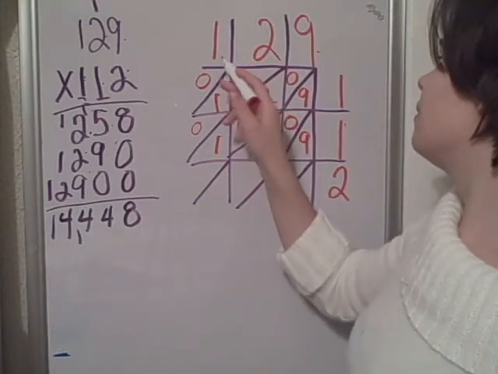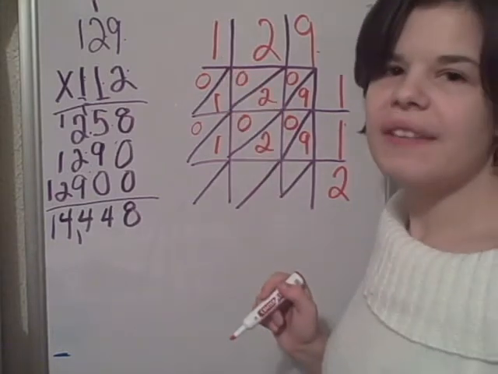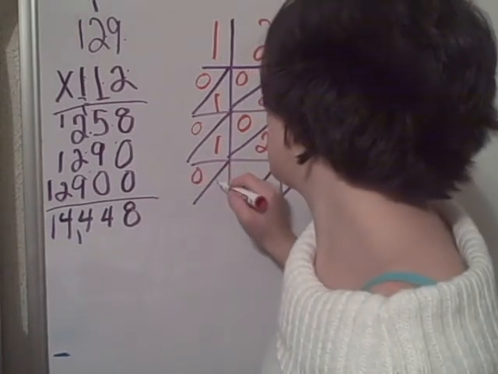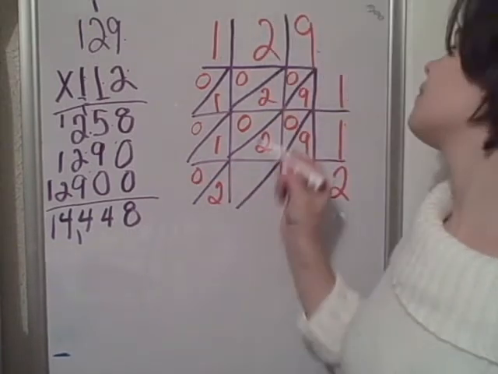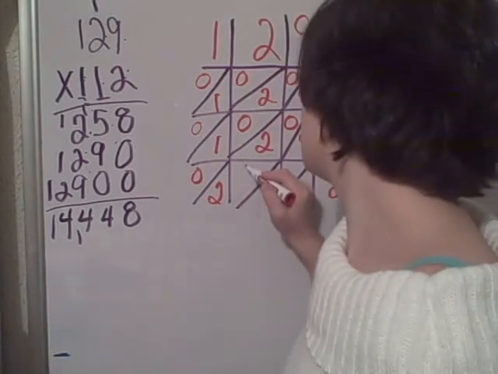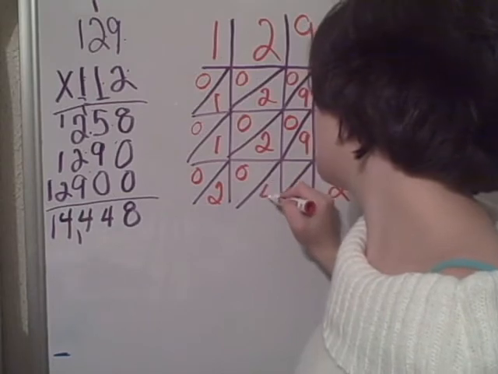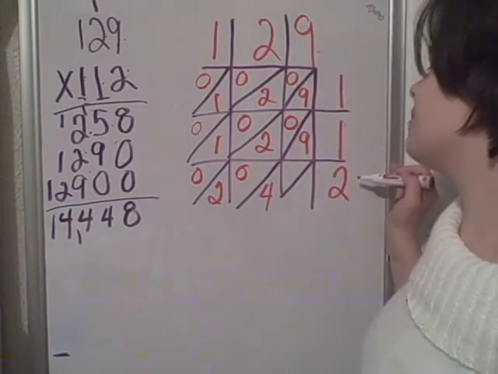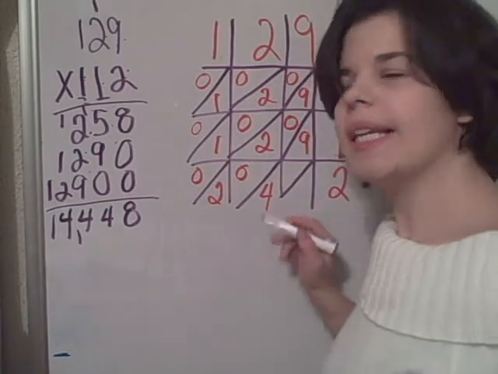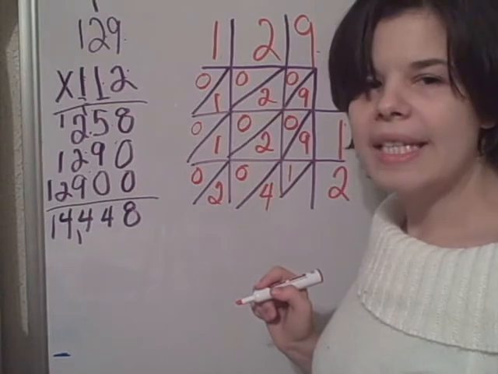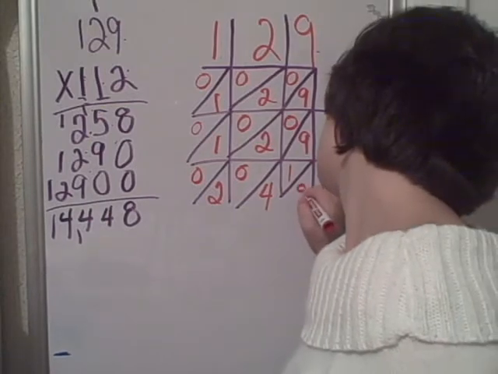Then we have 1 times 2, which gives us 2, which is 0 tens and 2 ones. 2 times 2 gives us 4, which is 0 tens and 4 ones. And finally, we have 9 times 2. 9 times 2 is 18, which is 1 ten and 8 ones.